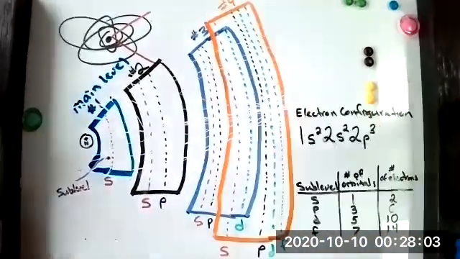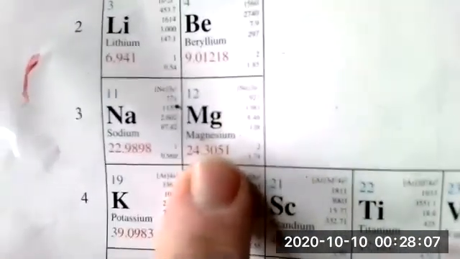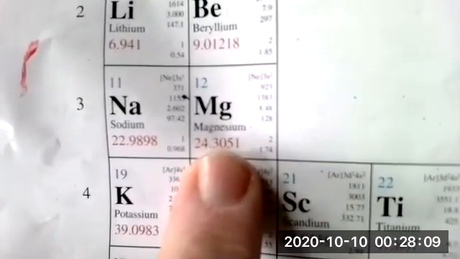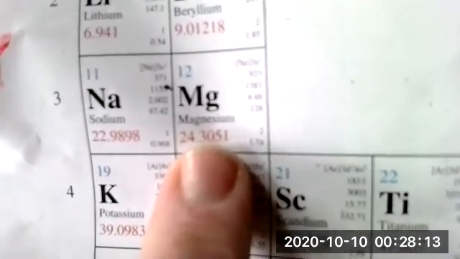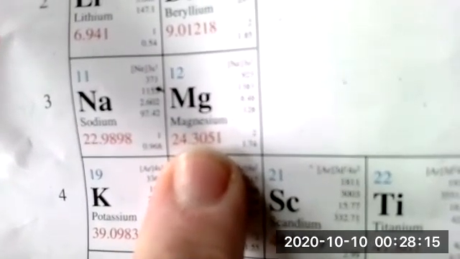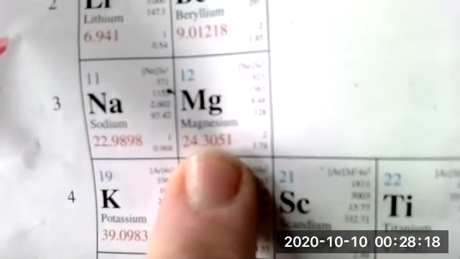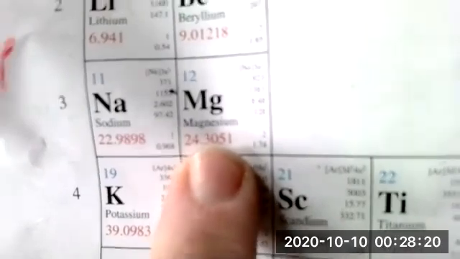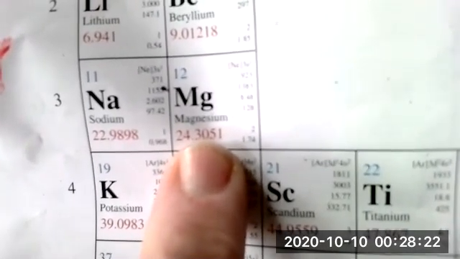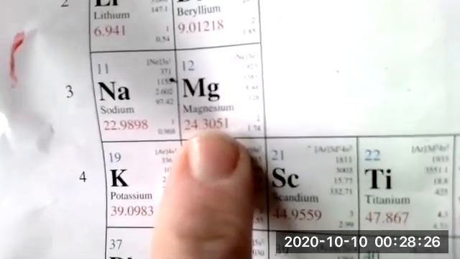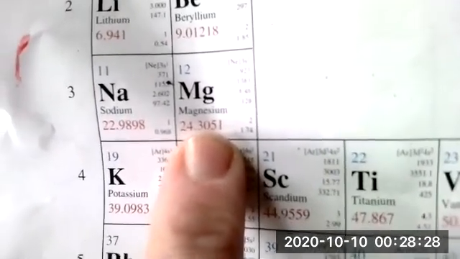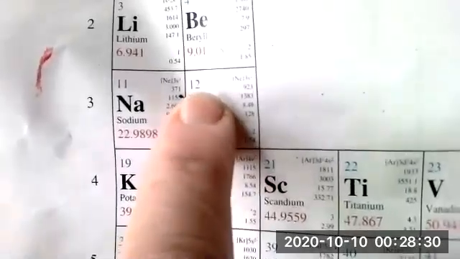Let's go with magnesium. You already know how many electrons and protons for magnesium. If you don't know, your topic 3 is going to create a huge headache for you. You should already know from topic 3. It's that one right there.